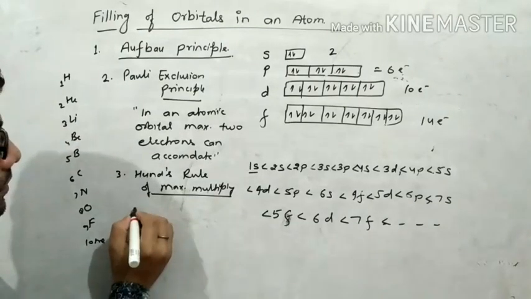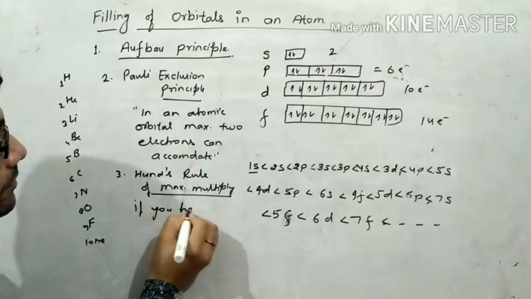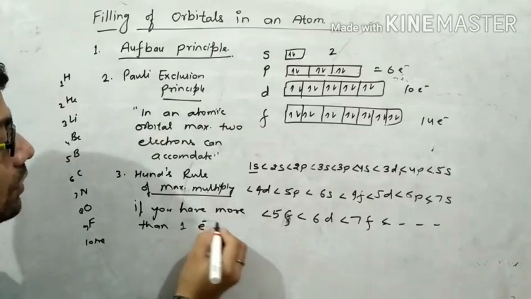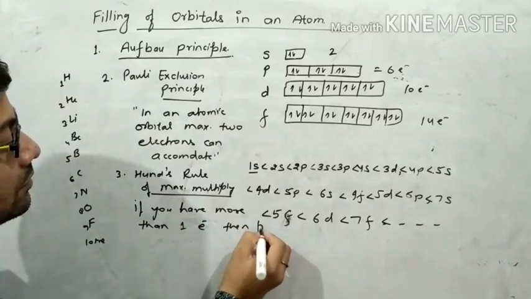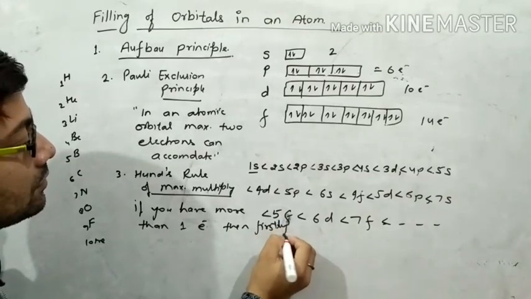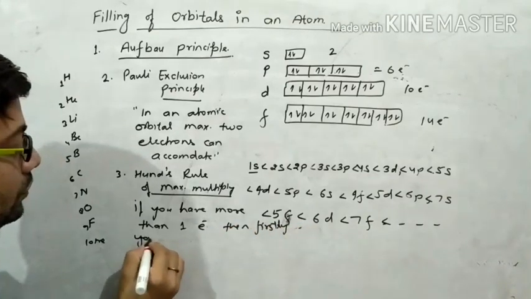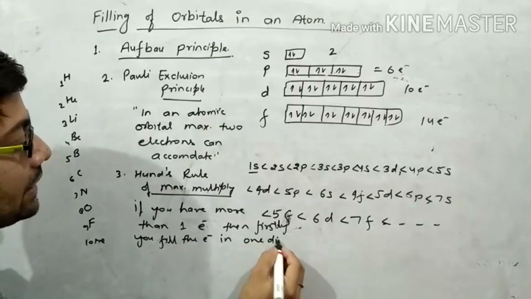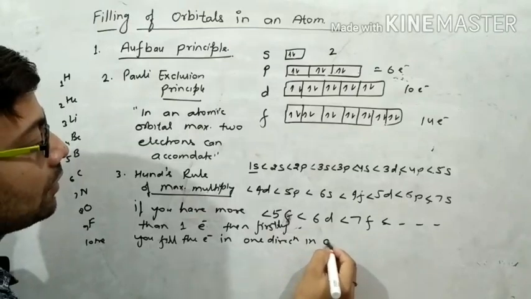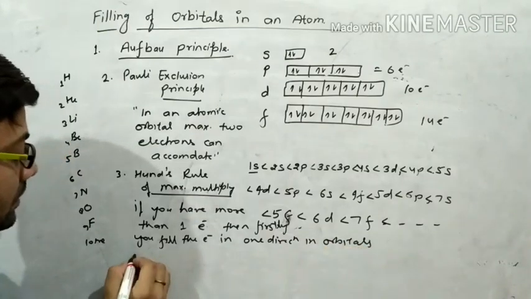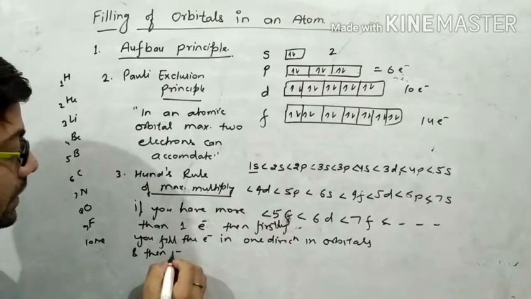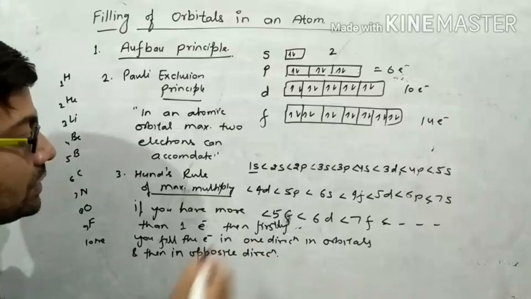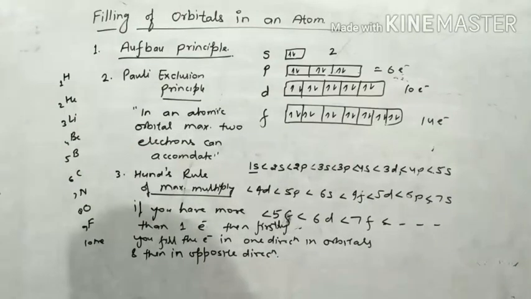Means if you have more than one electron, then firstly you fill the electrons in one direction in the orbitals and then in the opposite direction.